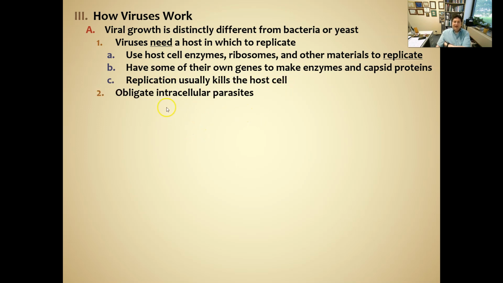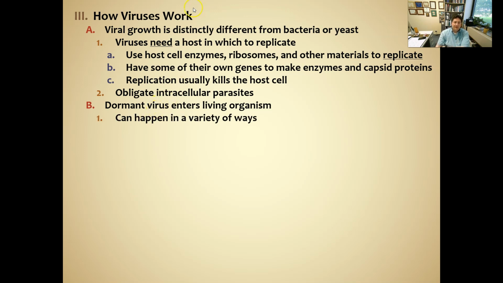So again, a virus can be called an obligate intracellular parasite. So step one is the virus has to enter a living organism. Now remember, everyone, before they get into a living organism, viruses are not living. They're just particles. All right? So this dormant virus has to somehow get into a living organism.